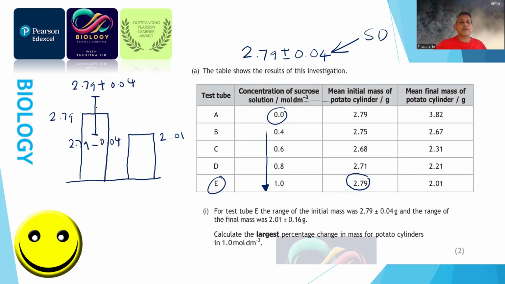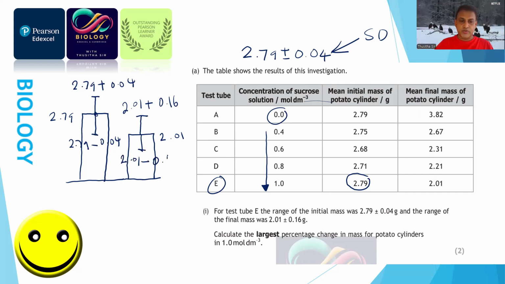So within this range, the values are fluctuating. That means here is the mean value, and the values are fluctuating around it. Same for the other one, 2.01. The highest value is 2.01 plus 0.16. The lowest value is 2.01 minus 0.16.